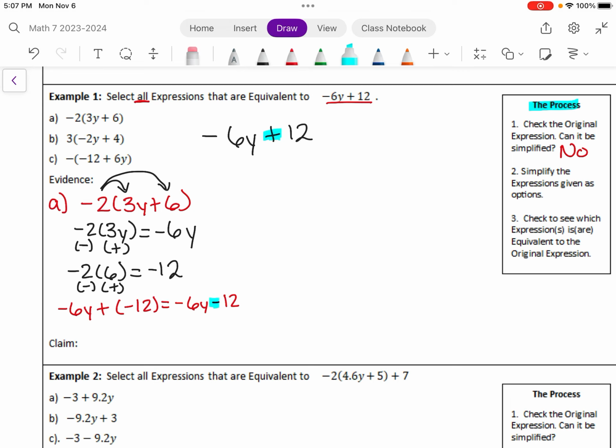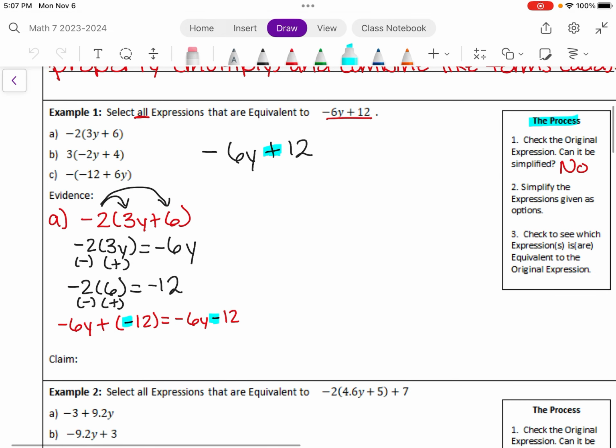Okay? Or this one has a positive 12 and this one has a negative 12. Okay? So let me rewrite those. Okay, so this is not an answer.